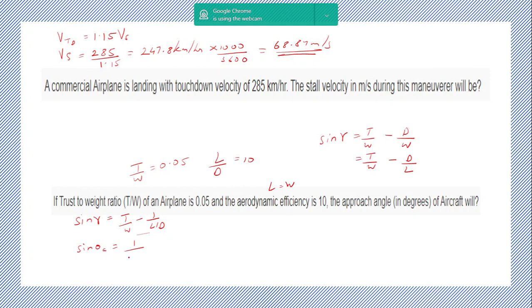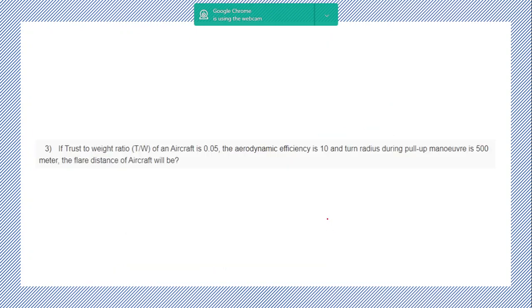So this is true for the approach angle: 1 by L by D minus T by W. They've given you both of these quantities, so that is 1 by 10 minus 0.05, which comes to 0.05. So theta approach is sine inverse of that, and that comes to around 2.8 degrees. Okay, so let's go to the next question.